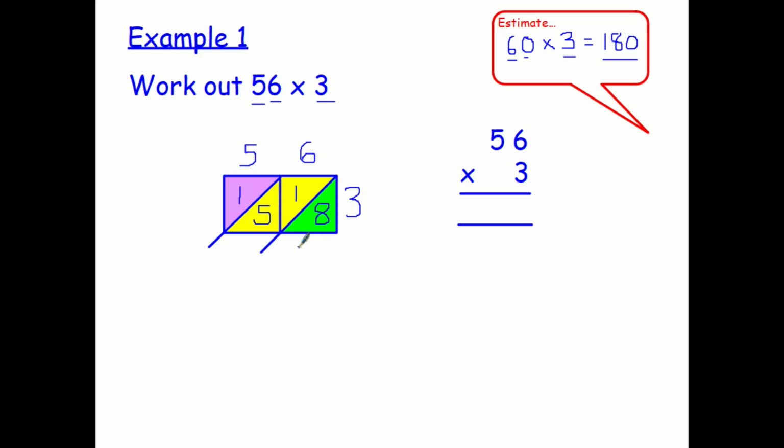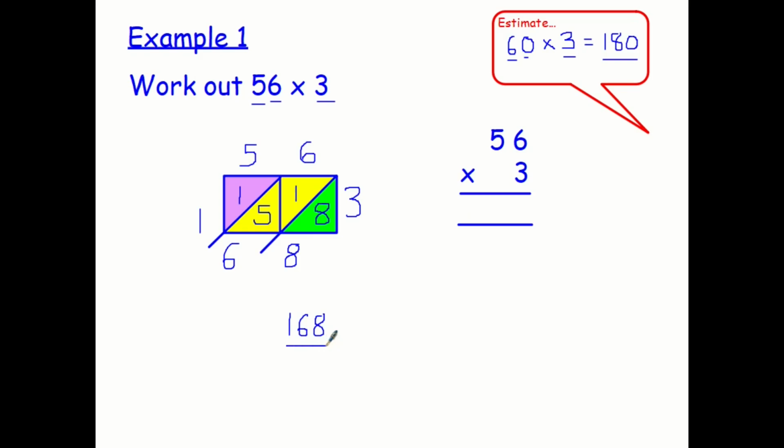So in this case, adding along the greens, which is just 8, adding along the yellows, which is 5 plus 1, which is 6, and adding along the purples, which is just 1. So 1, 6, 8 are the digits of my answer. My estimate was 180.